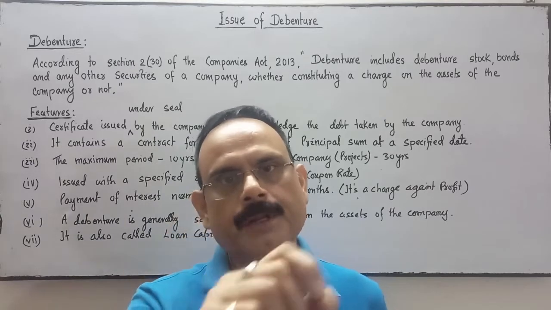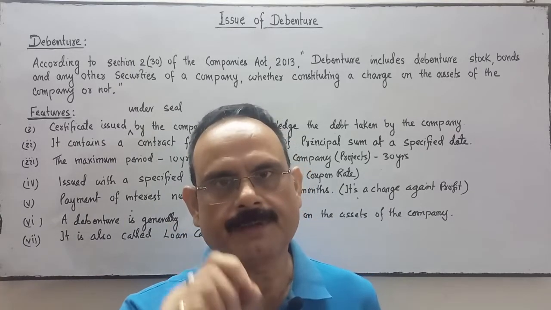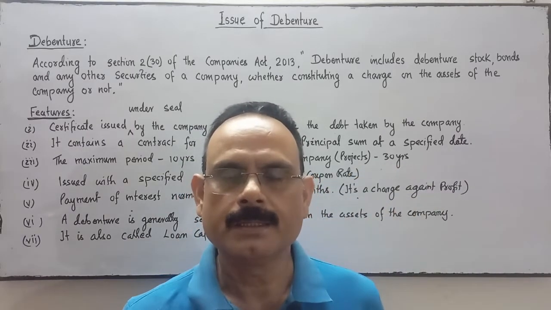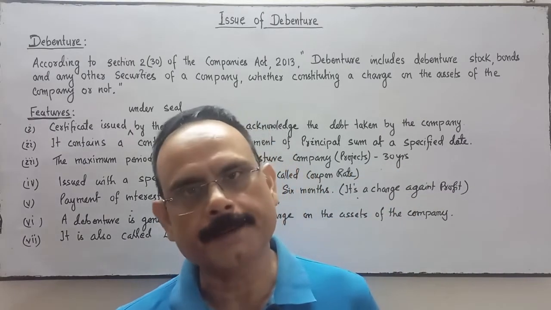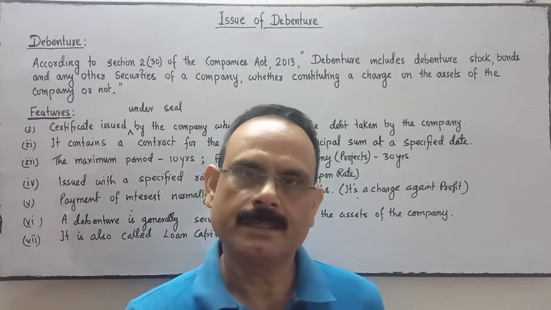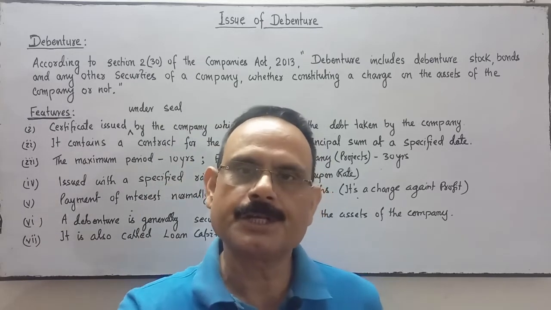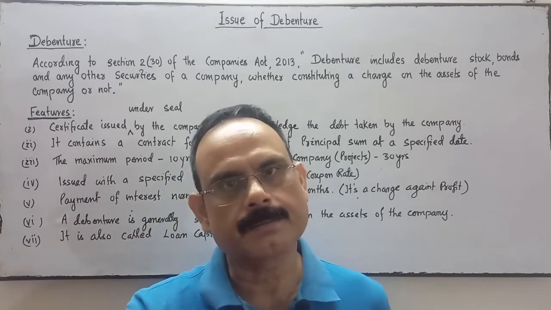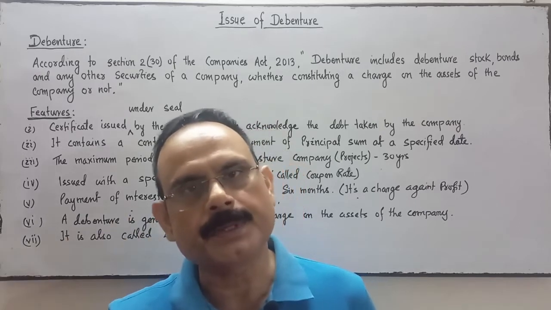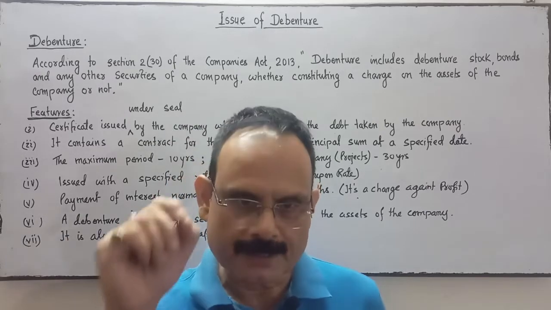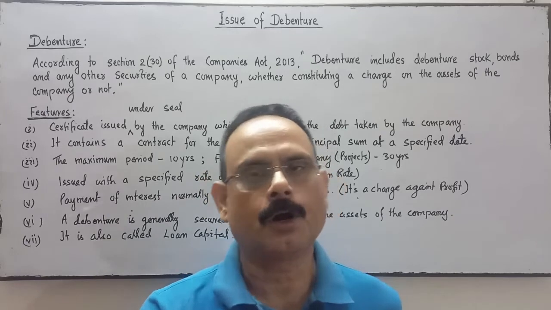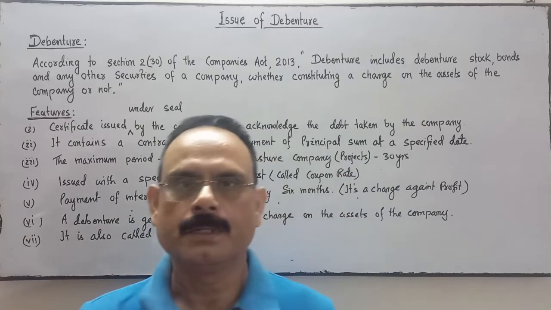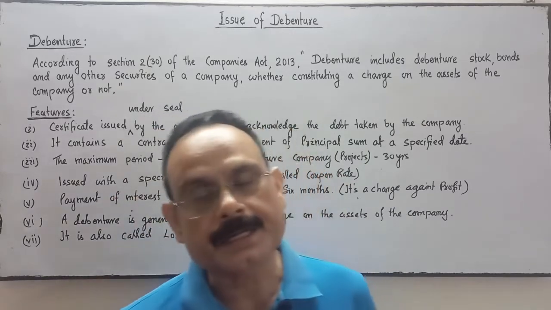The company issues a certificate for the debenture. The company issues a certificate to the debenture holder under the seal of the company, which indicates when this debenture will be repaid by the company after the expiry of a certain period, and whether the debenture is secured or unsecured, whether it is redeemable, unredeemable, registered, unregistered.